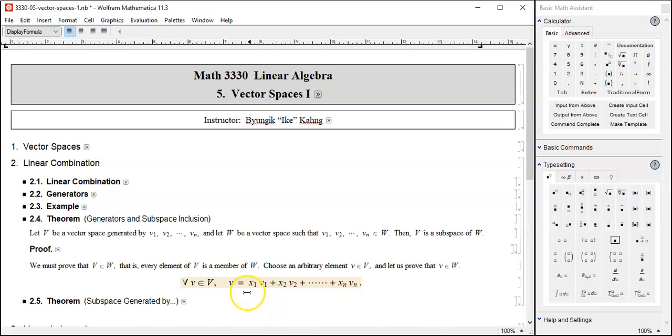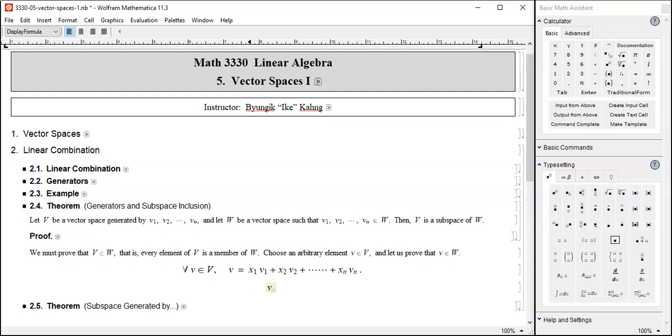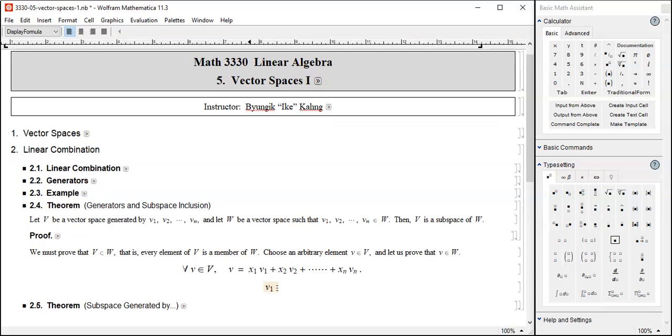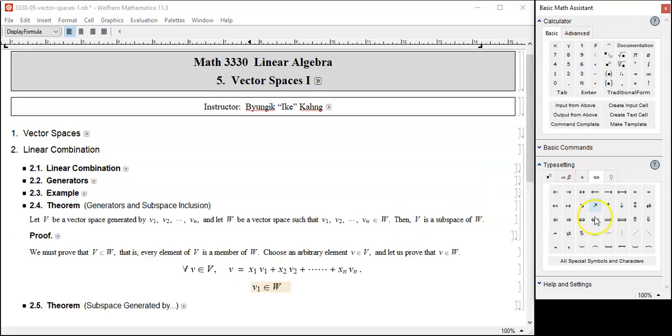Okay, and then let's see. W is a vector space, isn't it? So V1 belongs to W, as we said over here. Therefore, X1 V1 belongs to W. This is what we get, right?